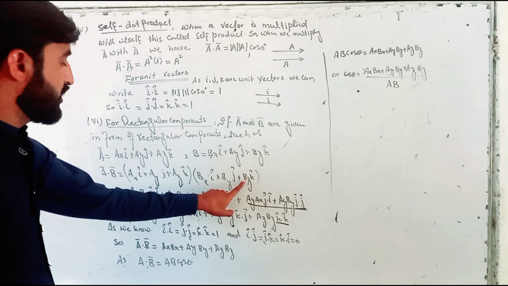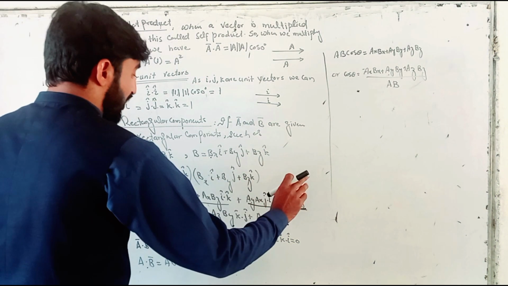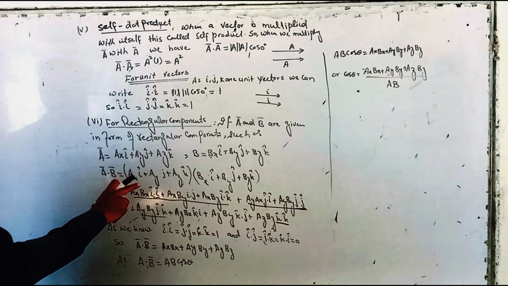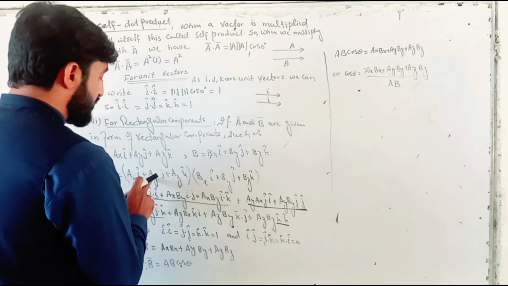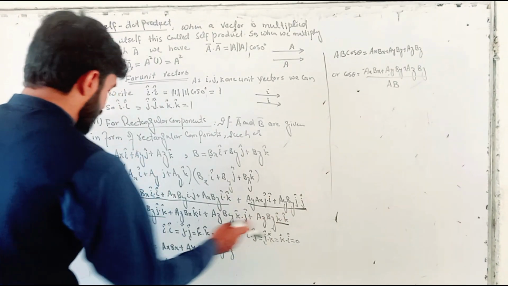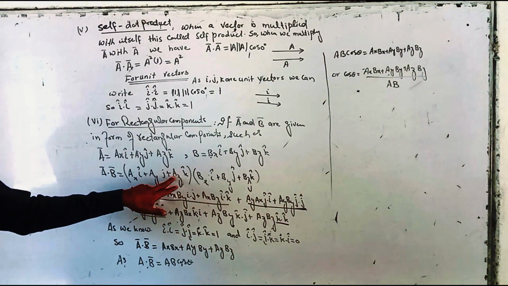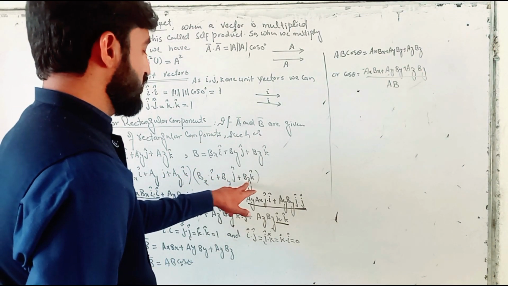Similarly, Ax Bz, i dot k. Similarly, the first term has been multiplied with all the terms. Now I am multiplying the second term, which is Ay j. Again, this term will be multiplied with all the terms of this bracket, as I have underlined these terms. Similarly, Az k will be multiplied by all terms of this bracket.